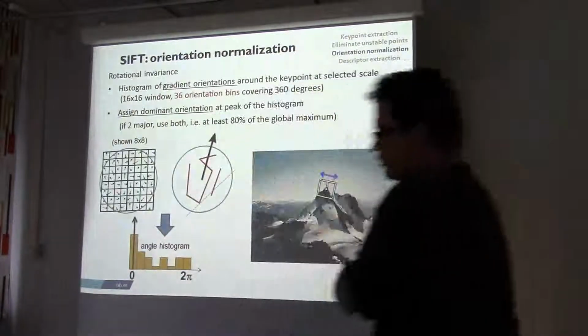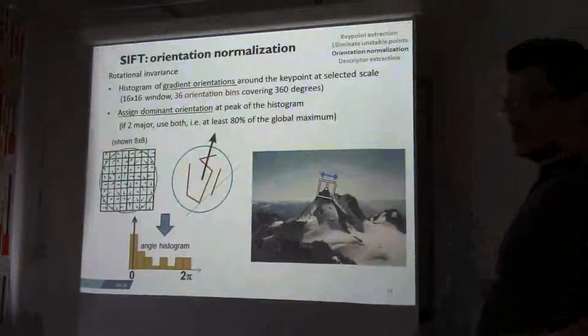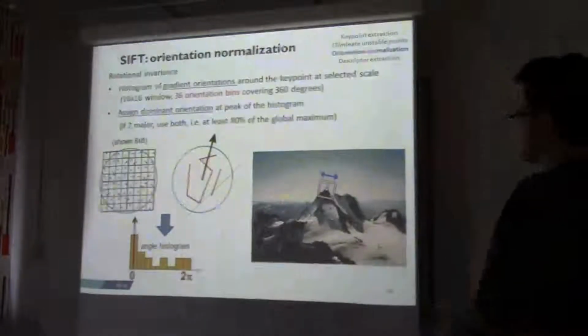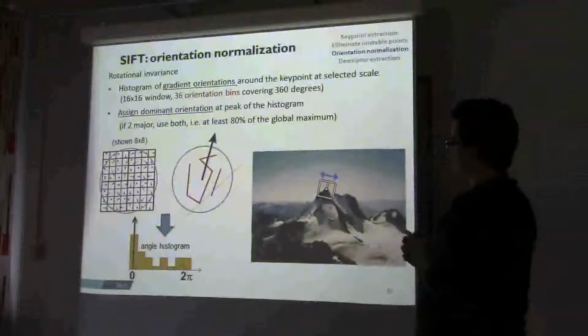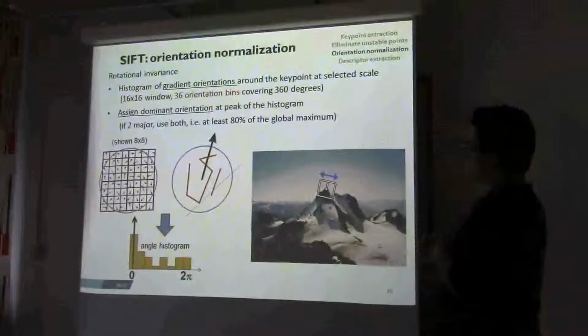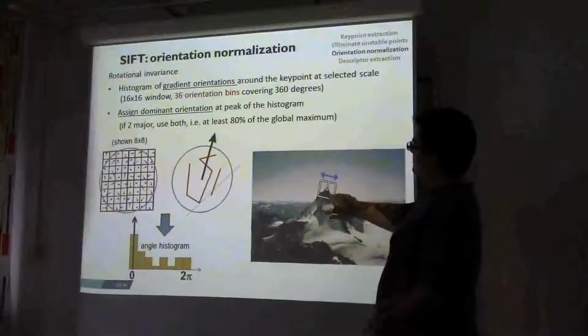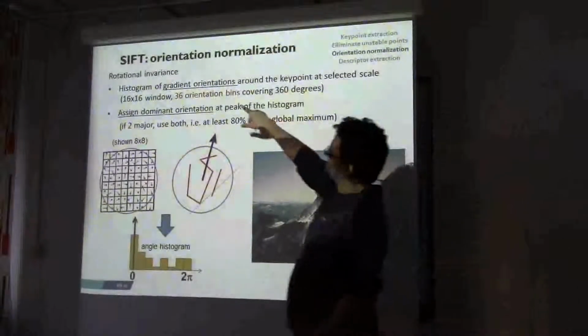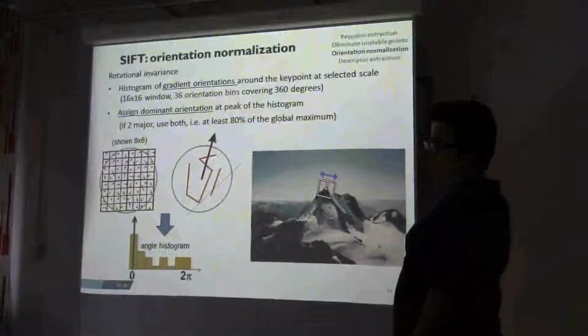So now that we have points, we are going to analyze the neighborhood around this point, right? First of all, what is done is to detect the predominant orientation around this point, based on the gradient. So the gradient is extracted from the image.